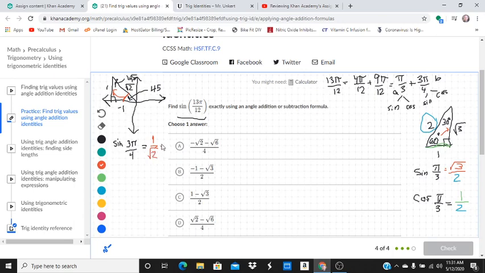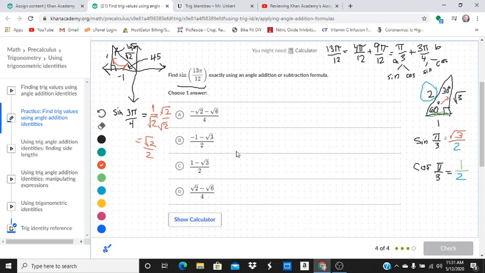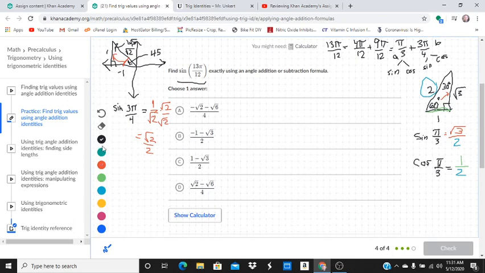We want to rationalize our denominator, so we multiply by square root of 2 over square root of 2. So we're just going to get square root of 2 over 2. All right, the cosine is going to be the adjacent side, so it's going to be negative 1 over square root of 2. And we're going to rationalize it. It would just be negative square root of 2 over 2.